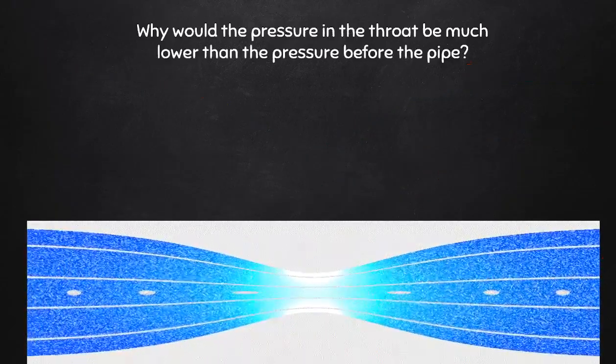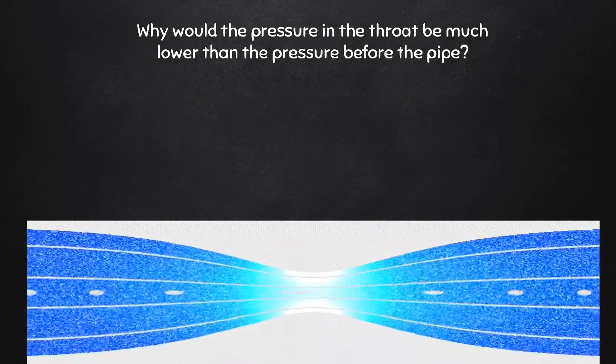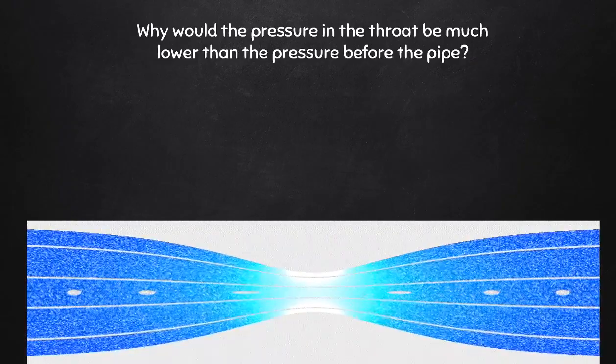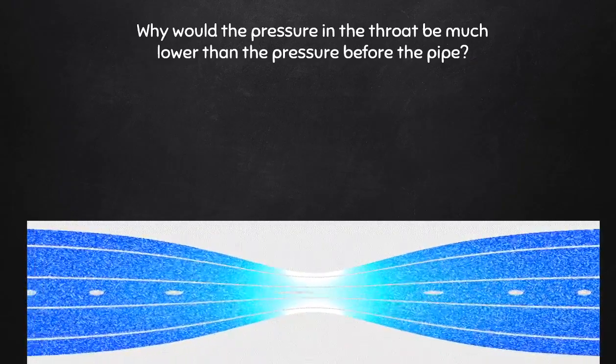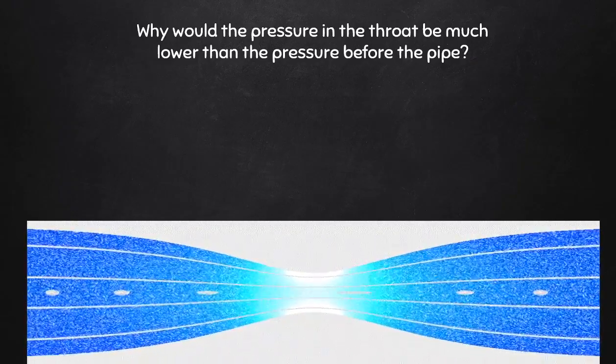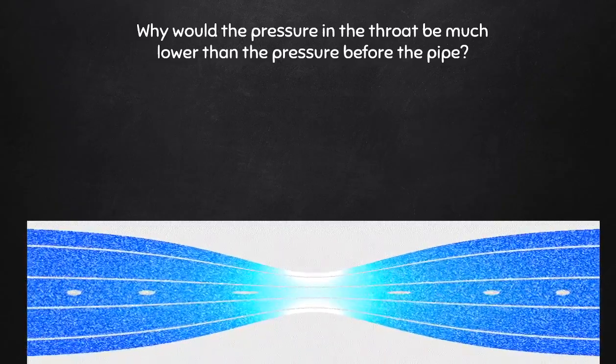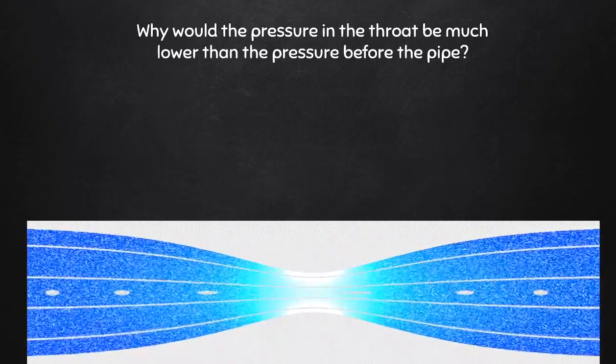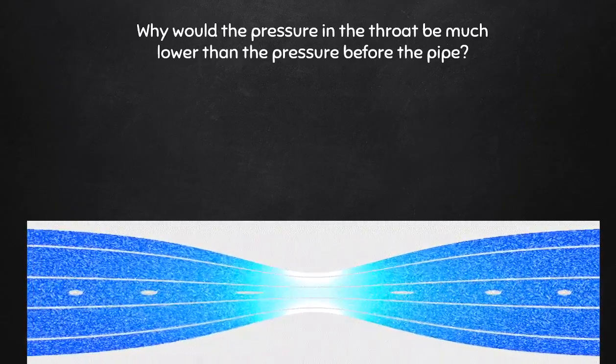Okay. Now, a question that you might have had sitting in the back of your mind for some time now is, why would the pressure in the throat decrease instead of increase? Because you're squeezing the flow, so surely pressure should be increasing.